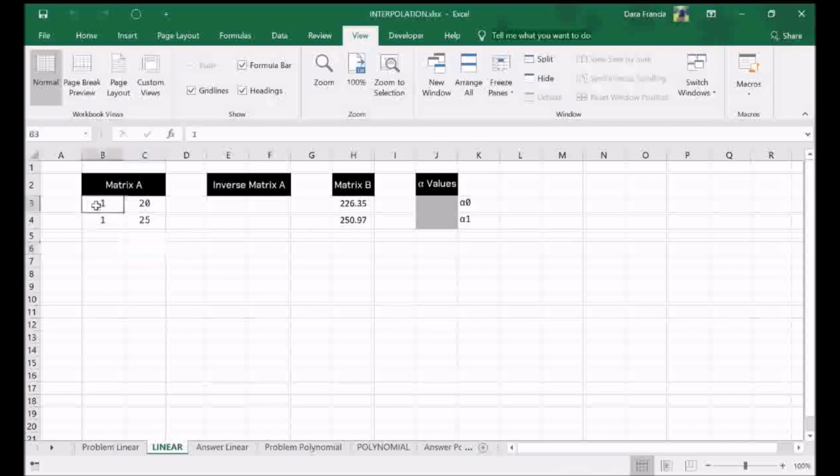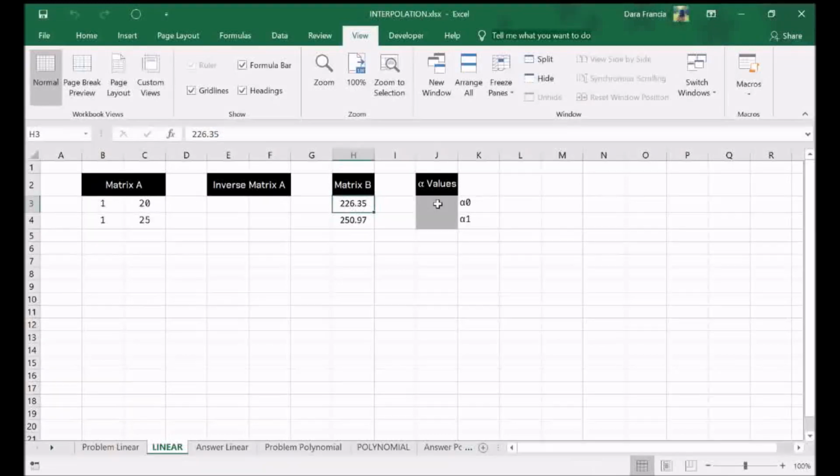As you can see here, I just copied our matrix A and our matrix B. The first step to find the value of A0 and A1 is selecting the same number of cells as your matrix. I have a 2 by 2 matrix, so I will select a 2 by 2 range as well.